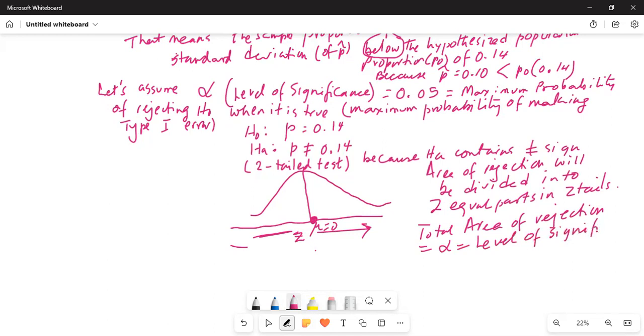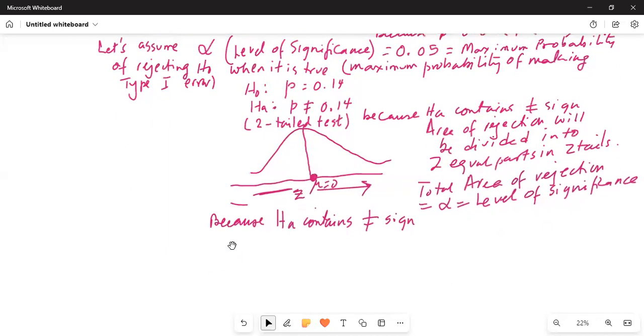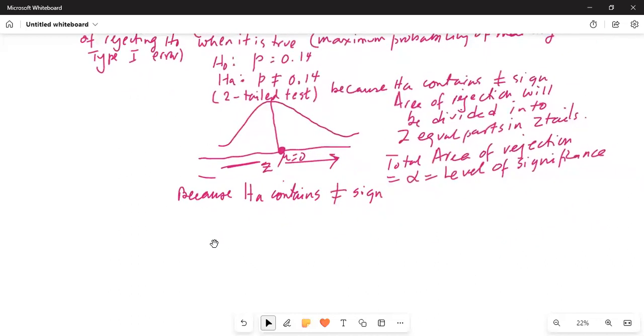Because HA contains the not equal to sign, the rejection region will be in both tails.